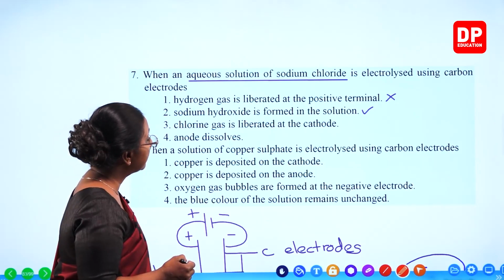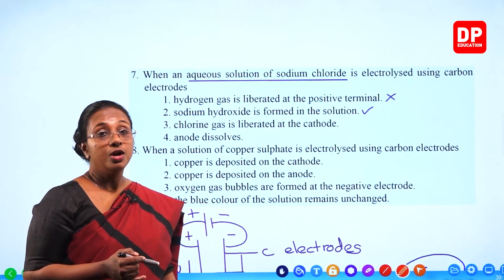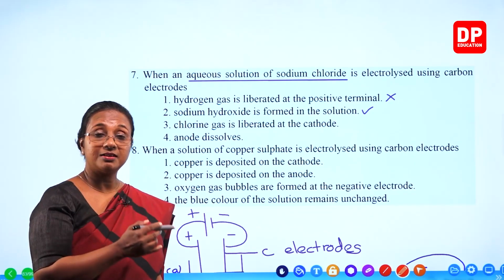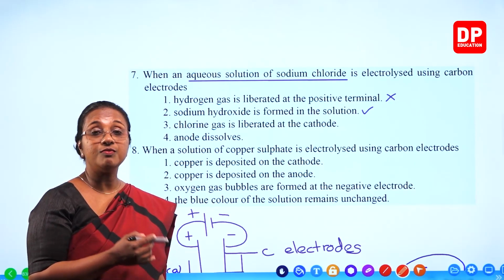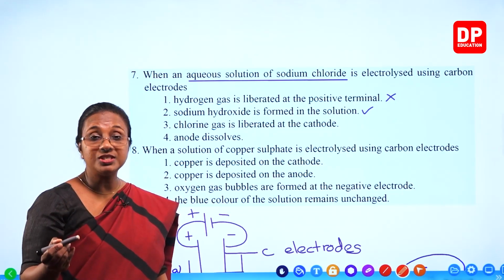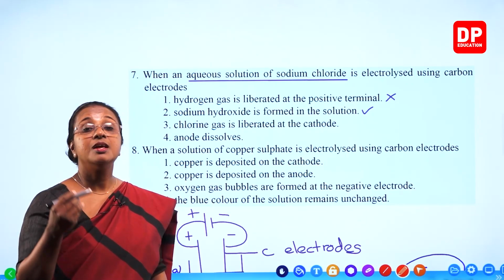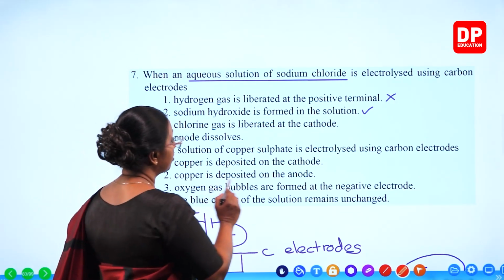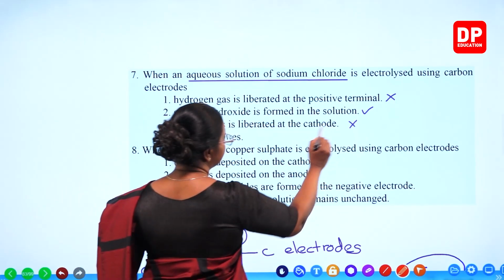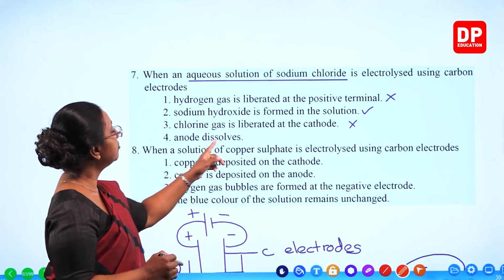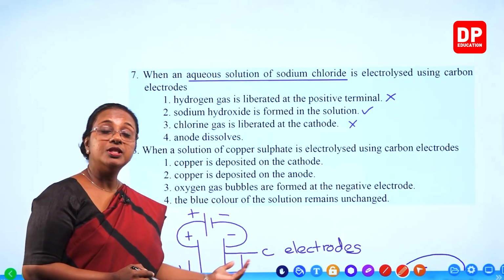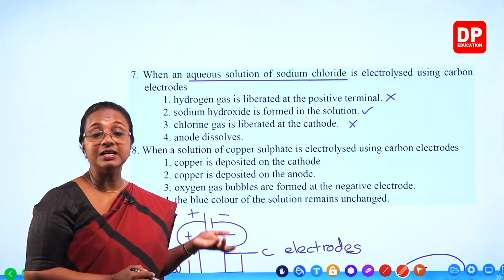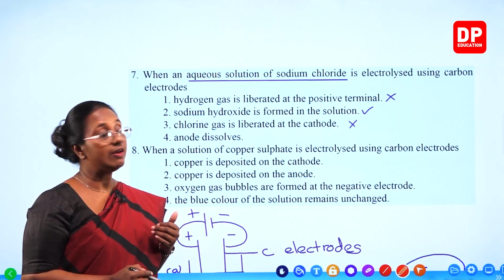Chlorine gas is liberated at the cathode. No. Why? Cl- gets attracted to the positive electrode where it undergoes oxidation. That is, the positive electrode is the anode. So this is also incorrect because it says cathode here. Anode dissolves. No. Gas bubbles are evolving near both positive and negative electrodes.